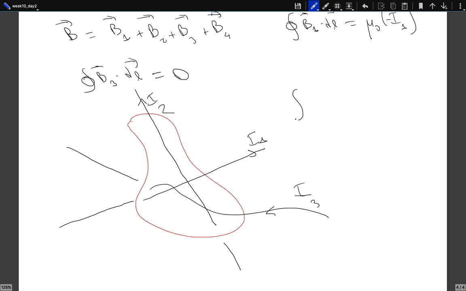B dot dl. First thing, in which direction should we go around our loop, clockwise or counterclockwise? Counterclockwise, let's go in this sense.